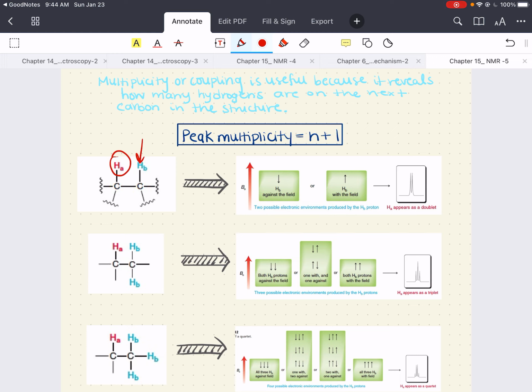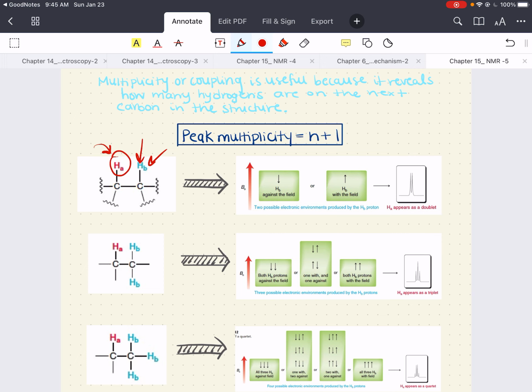So as a result, the chemical shift of HA in some molecules will be slightly different than the chemical shift of HA in other molecules because HB might be aligned with or against the field. This results in the appearance of 2 peaks for HA in the presence of HB. So in other words, the presence of HB and the way it may align with the field splits the signal for HA into a doublet.